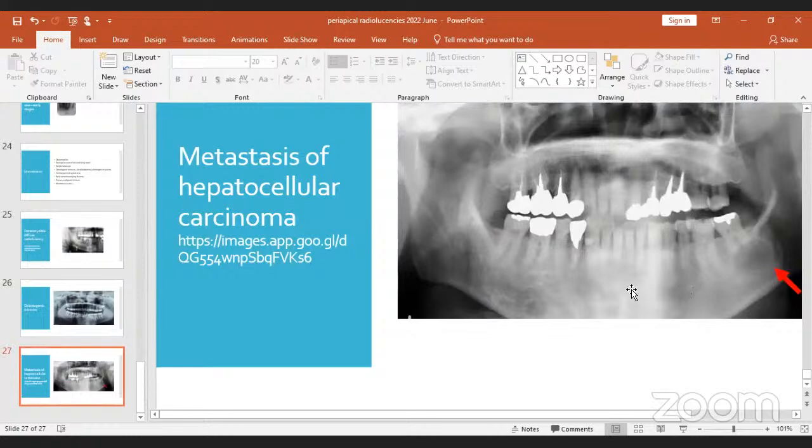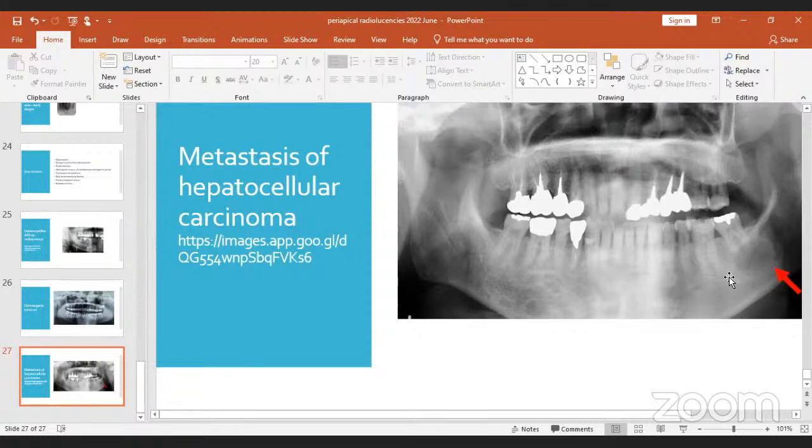And then metastasis. This was a case whereby a hepatocellular carcinoma had spread to the jaws. When you look at that panoramic image, periapical to the 7, you have a radiolucent lesion.